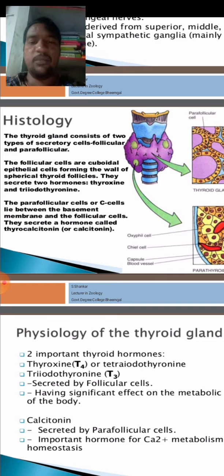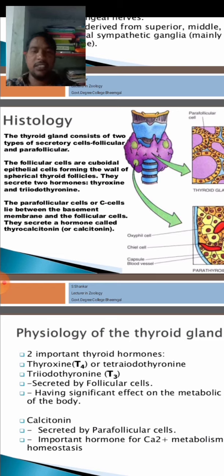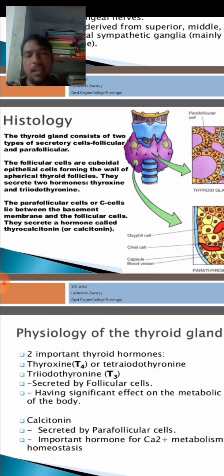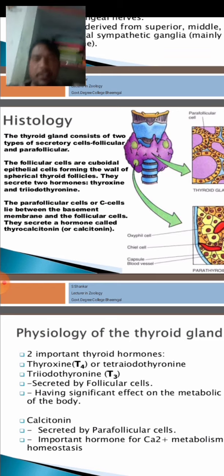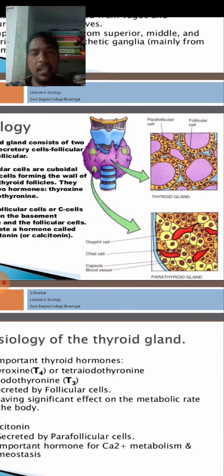They secrete a hormone called thyrocalcitonin, or calcitonin. This is the parathyroid gland.